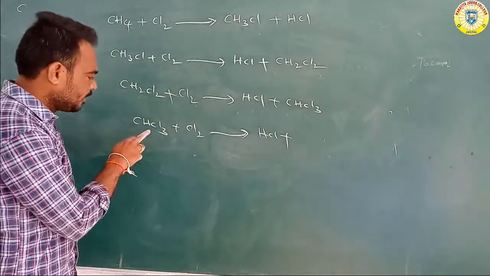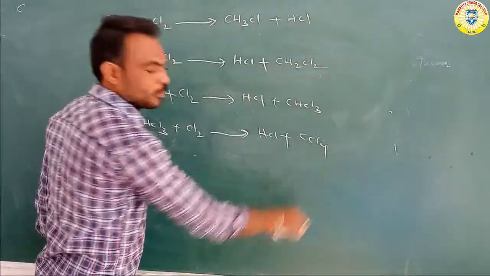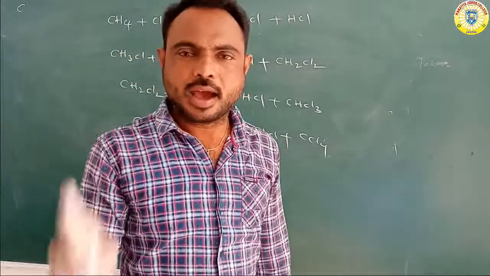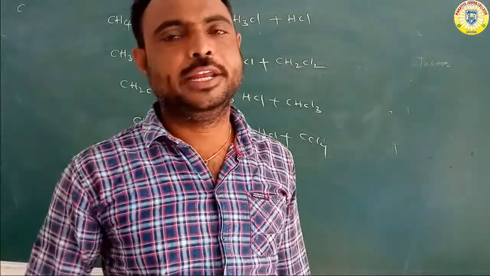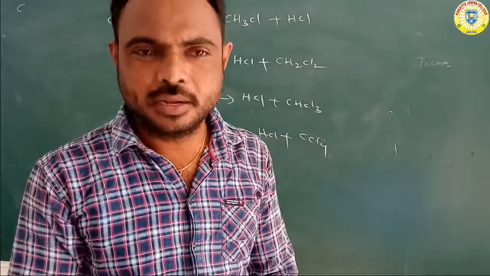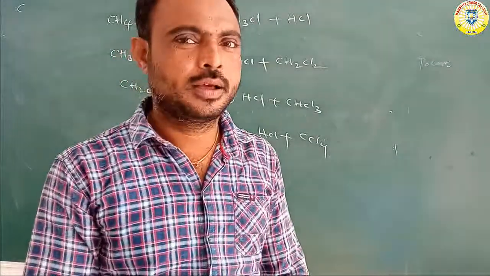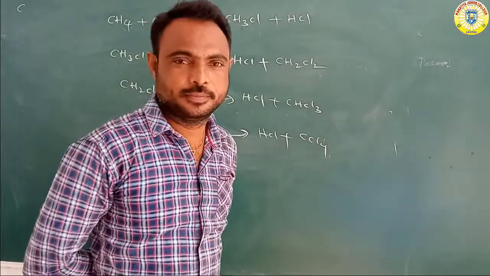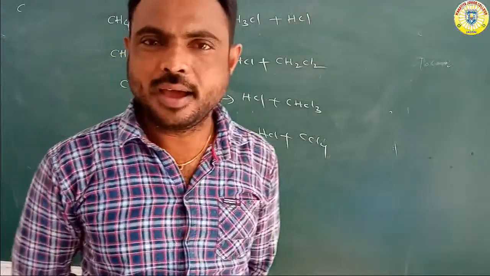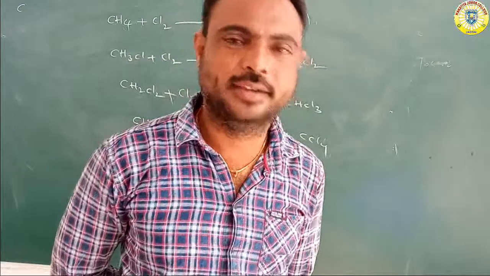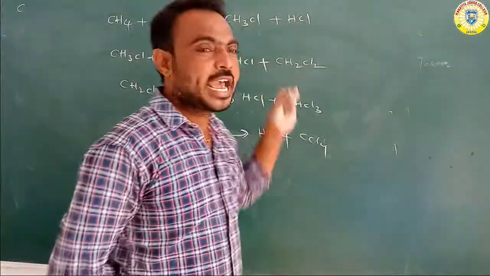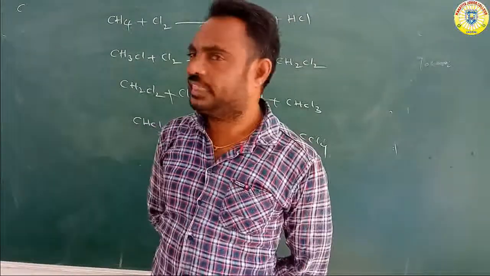And next further CCl4. CCl4 means carbon tetrachloride, or tetrachloromethane. So it reacts with alkanes like methane.